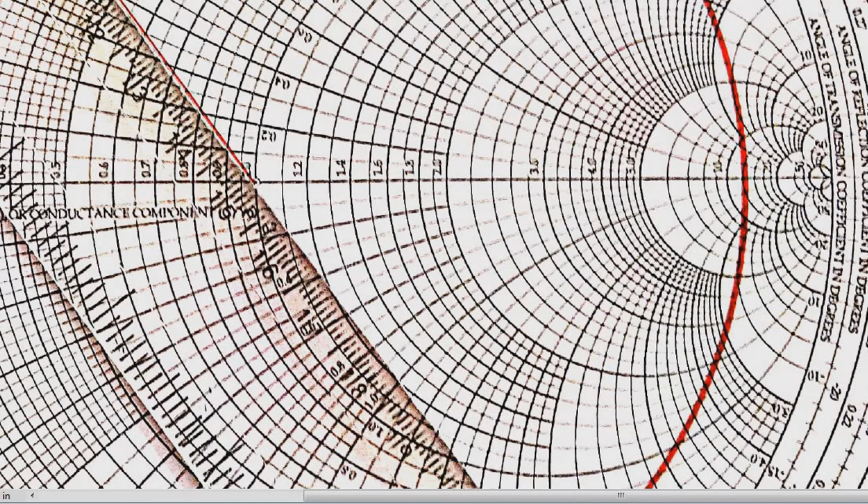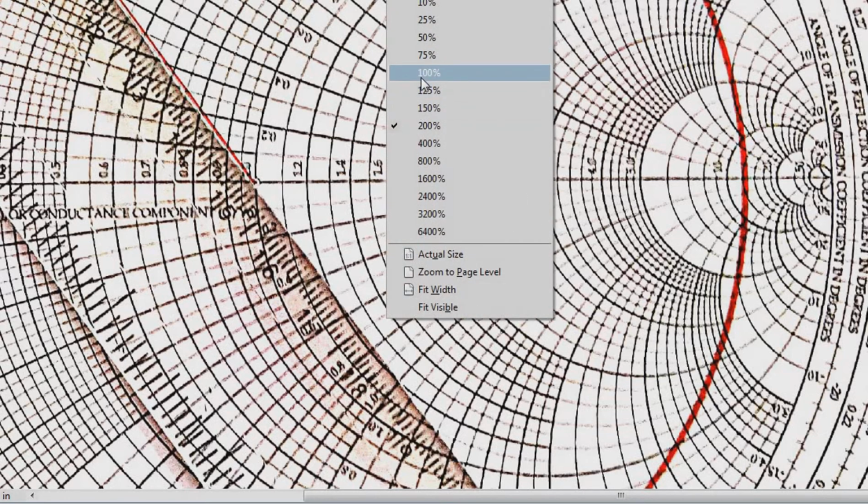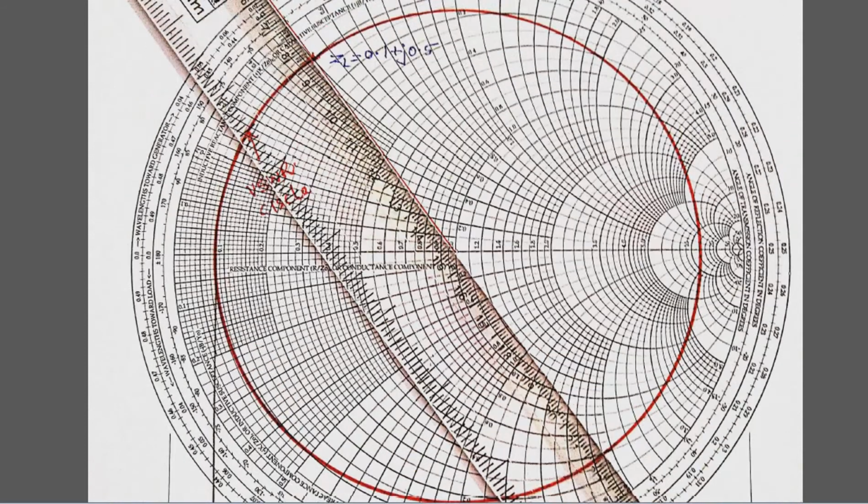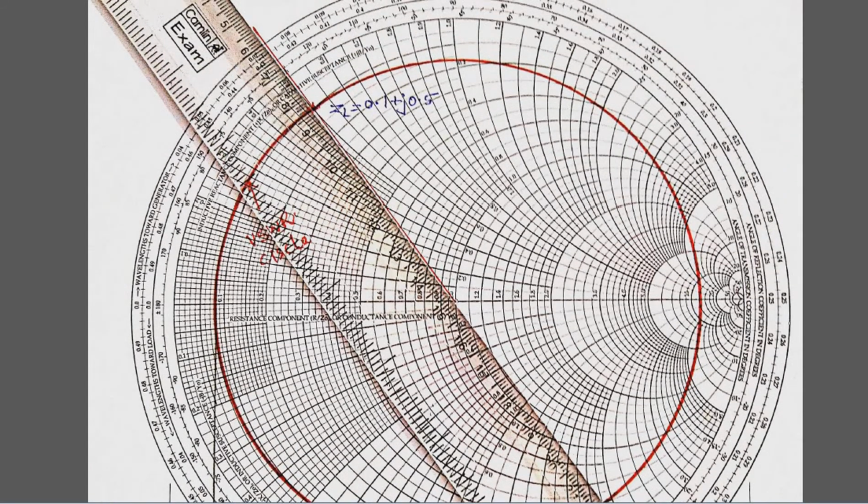Here we are interested in finding the angle of reflection coefficient at the input side. So we have to draw a line joining from the origin through ZL, which is going to cut the reflection coefficient angle scale.